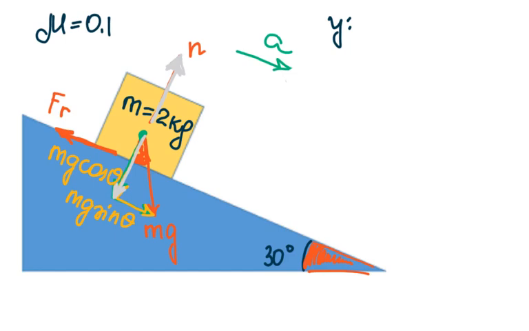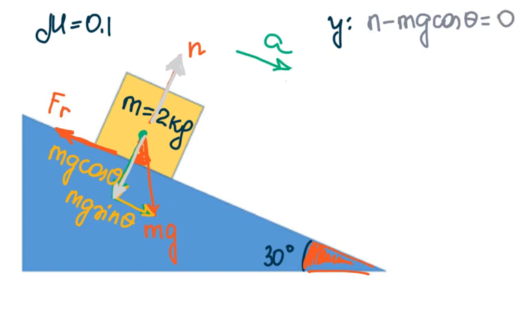So I'm going to write the normal force is up, so it's the normal, minus, I chose the force up positive and down negative, minus mg cosine theta. So what I'm doing is the net force is equal to ma, but in this case my acceleration is 0. Vertically I don't have any acceleration.